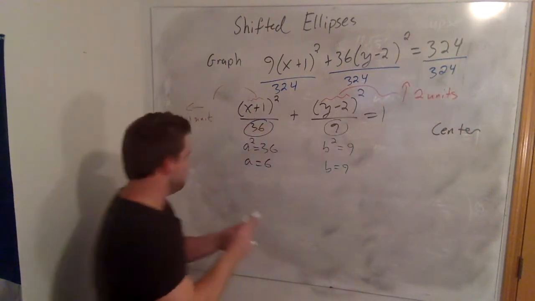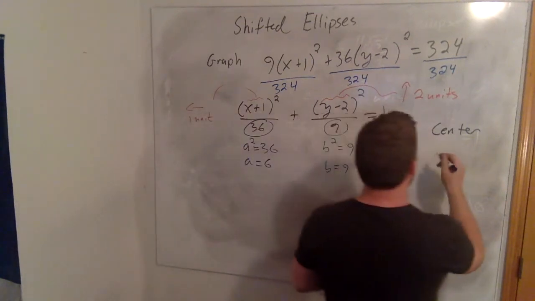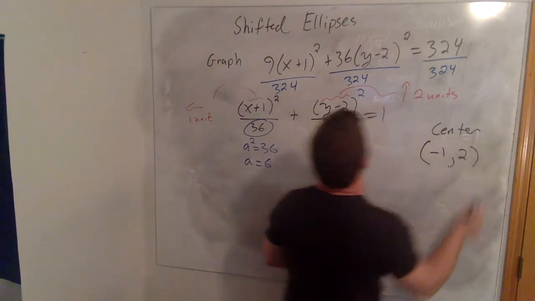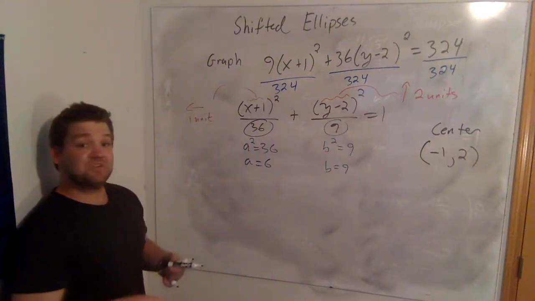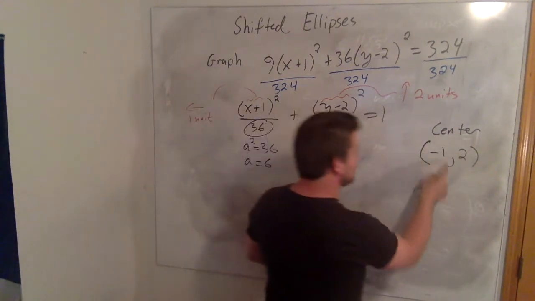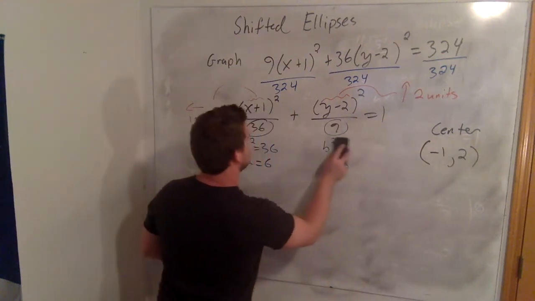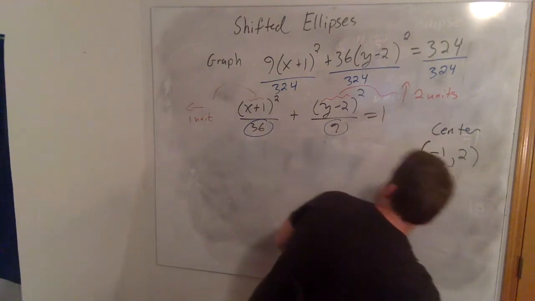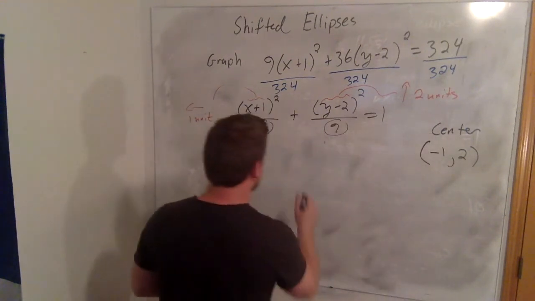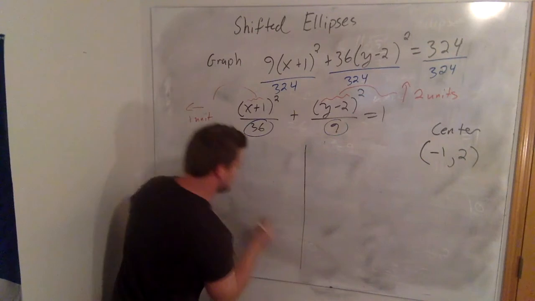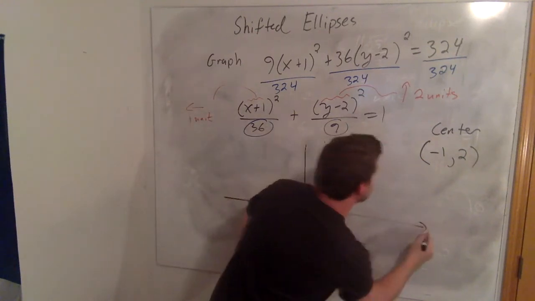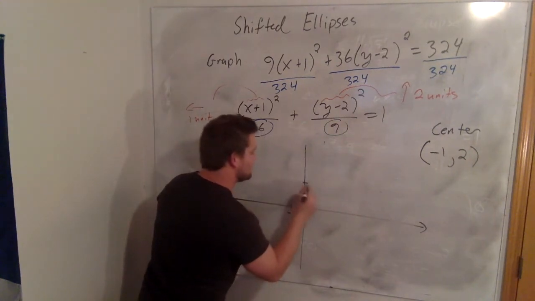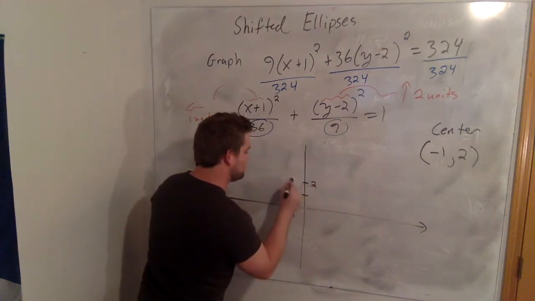So the center of the ellipse will be at (-1, 2). Now we're just going to make all our measurements from this central location. Okay, so let's do it. Let's go back 1 unit. So here's -1, and here's 2. This will be our center.